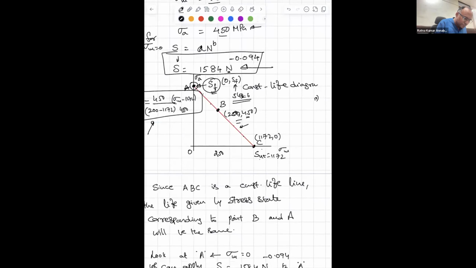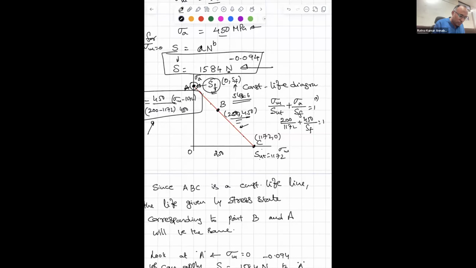Sigma m by SUT plus sigma a by SF equal to 1, right? Yes, sir. So you can plug into this equation. Sigma m is 200, SUT is 1172, plus sigma a, 450, by SF equal to 1, isn't it?